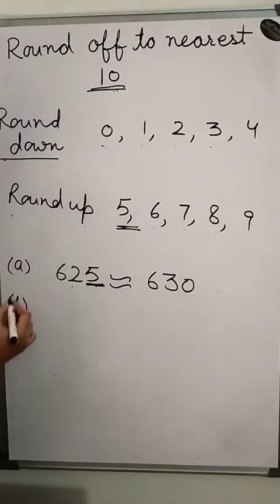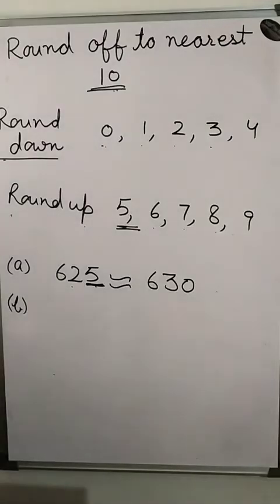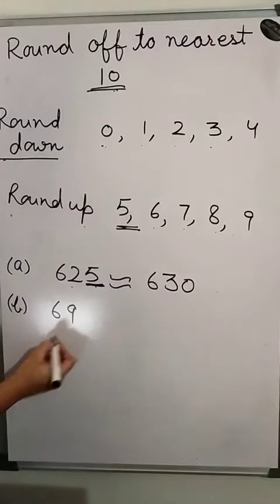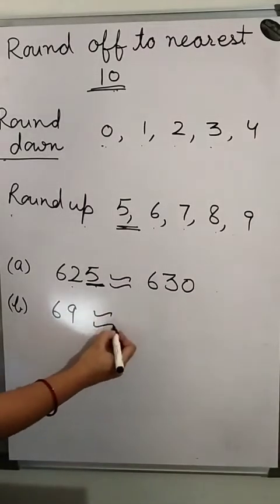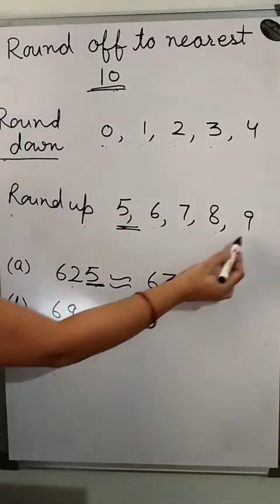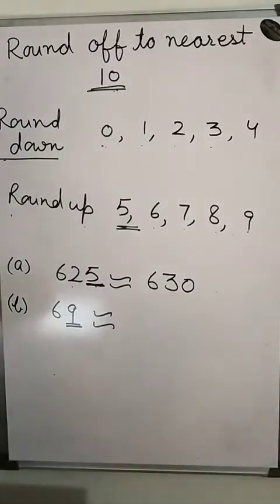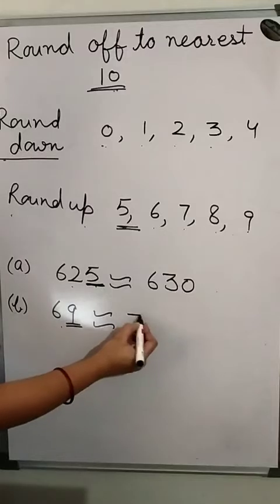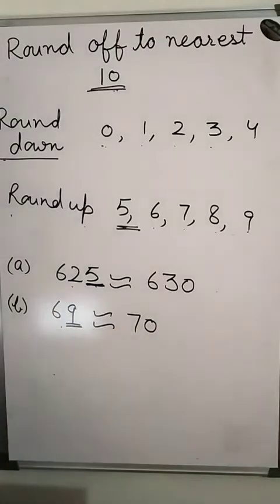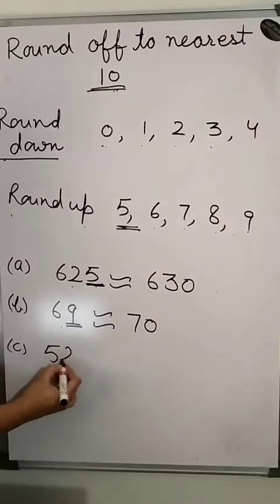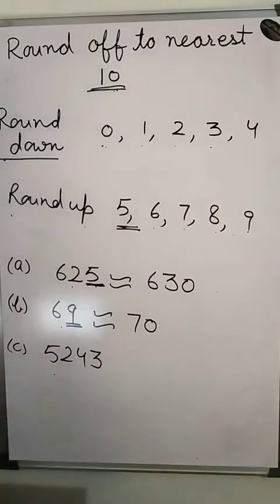Similarly, you have a question 69. Just check this one, 9 is here. It means we round up the number. The nearest tens number of 69 is 70. Similarly, 5243.